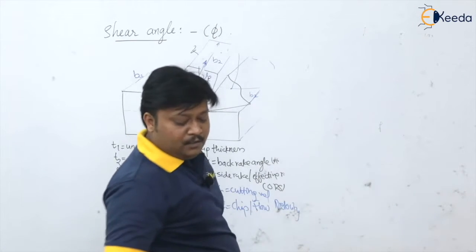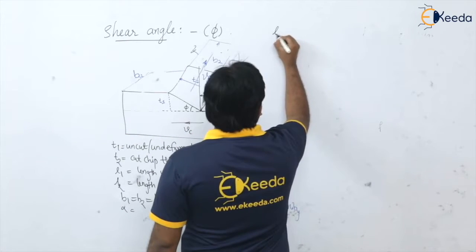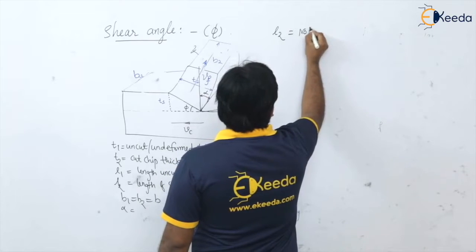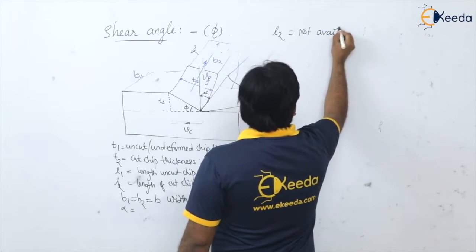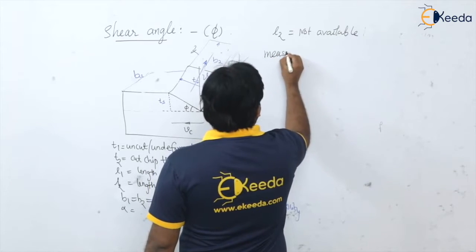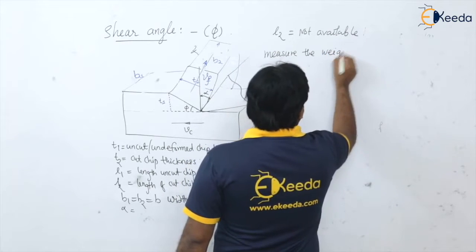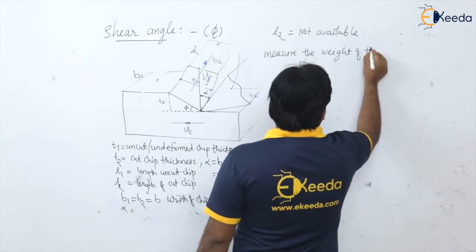Suppose L2 is not available, then we are going to measure the weight of the chip.